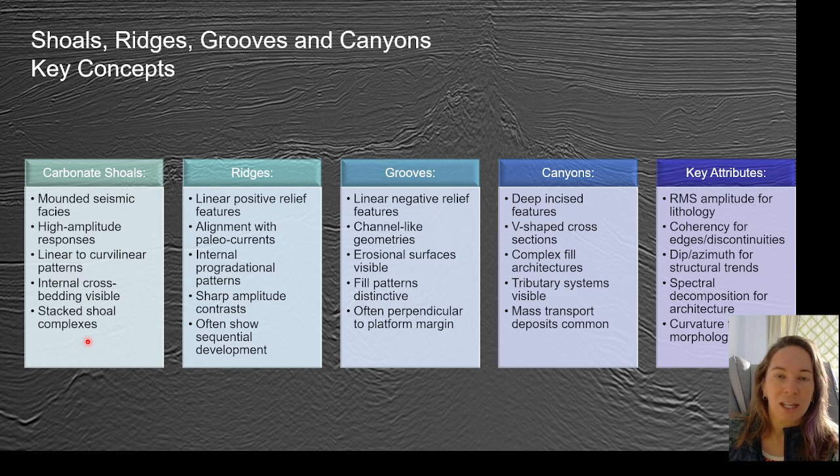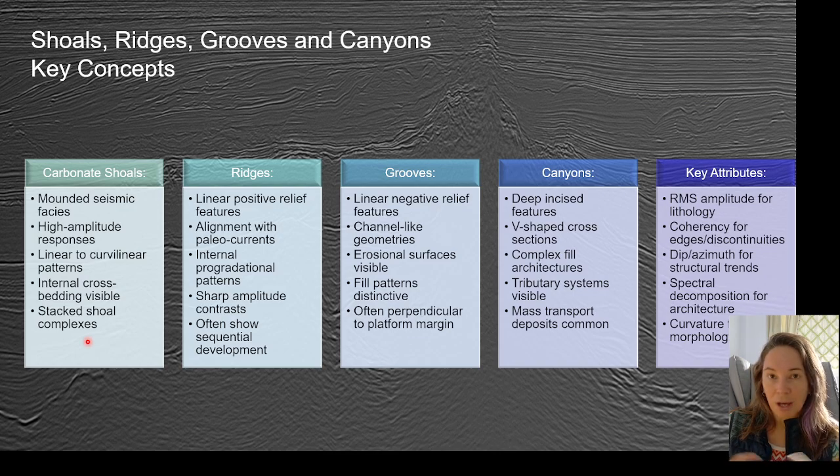And so some of the key attributes for looking at these types of features would be RMS amplitude for lithology, using coherence or edge detection. Dip and azimuth can be really great for structural trends, seeing the direction that the platform or the shoals or many of these features are, which can be relatively small scale.